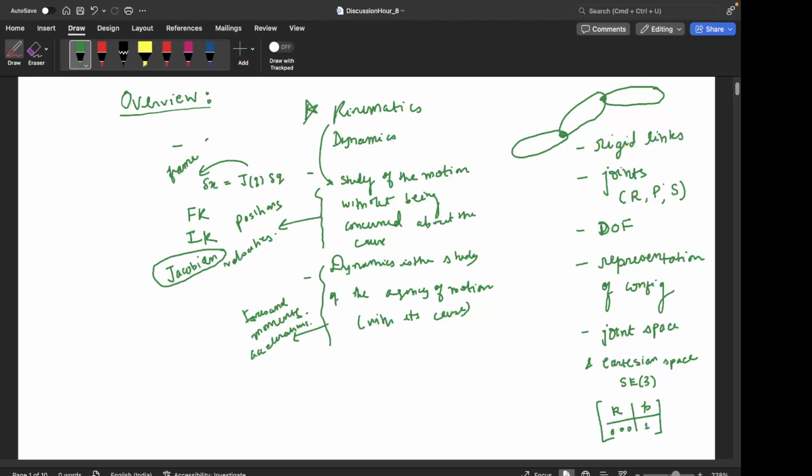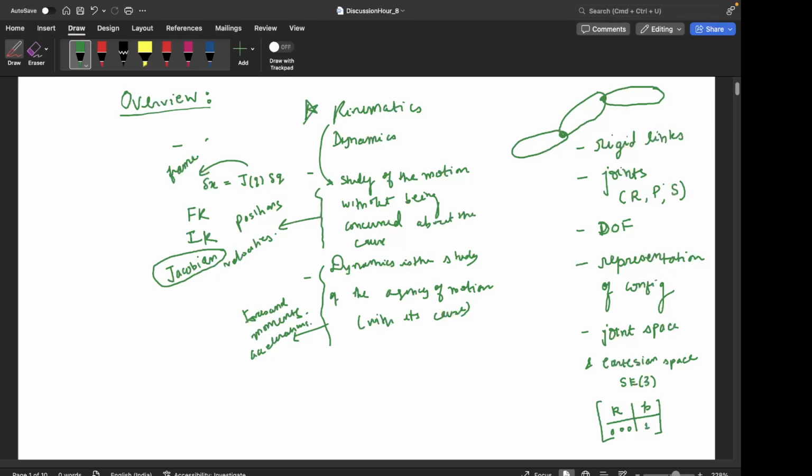And then we started finding relations between the accelerations, velocities, and positions, and the external forces and moments. So basically, we are relating the agency of force, that is the forces and moments, to the outcome of that agency, that is acceleration. And this relation is called the equation of motion.